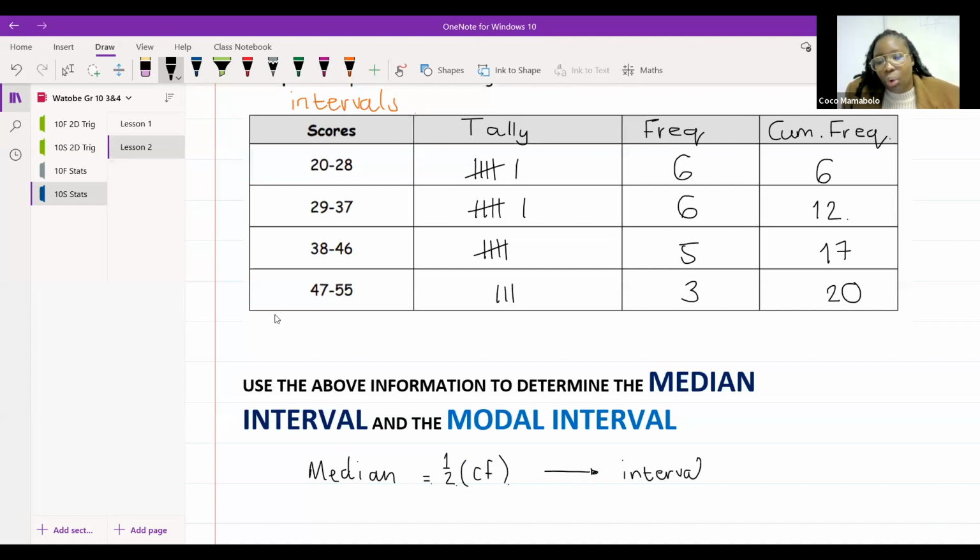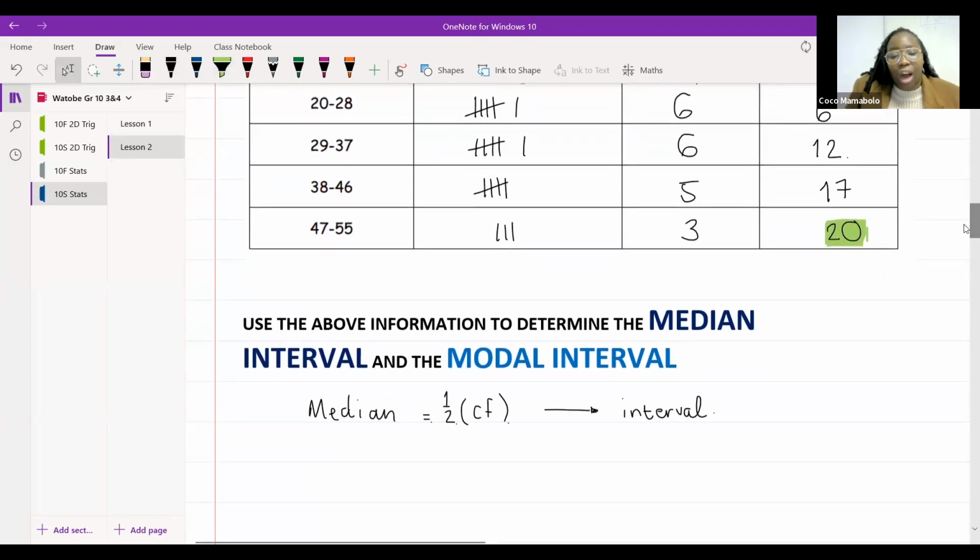So our total cumulative frequency is 20. If I want to find the median, I'm going to take 20 and halve it. Guys, remind me, what is half of 20? Thank you, Pascal. Half of 20 is equal to 10.